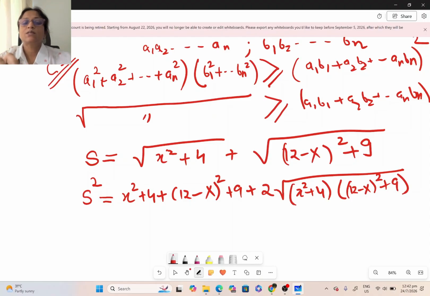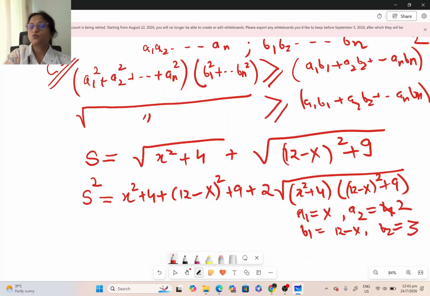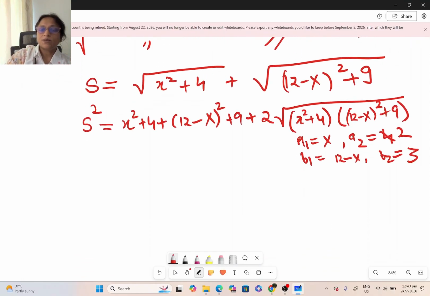Now, as per my Cauchy-Schwarz, this rooted term should always be greater than or equal to a1b1 + a2b2. So what is a1 here? a1 is x, a2 is 2, b1 is 12 − x, and b2 is 3, because it's 2² and 3². All right, so now let me apply.